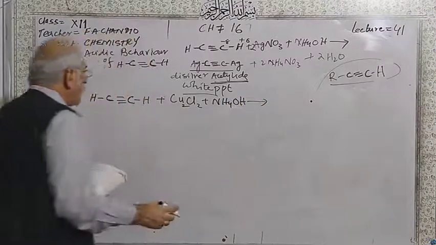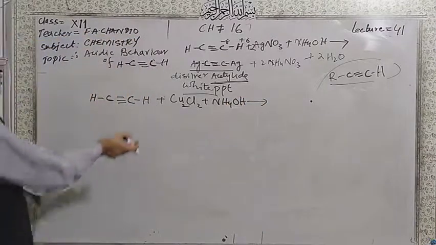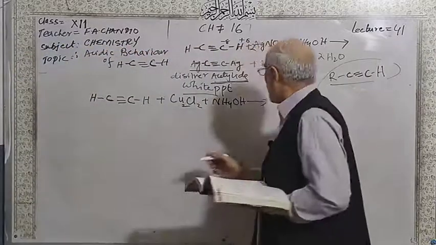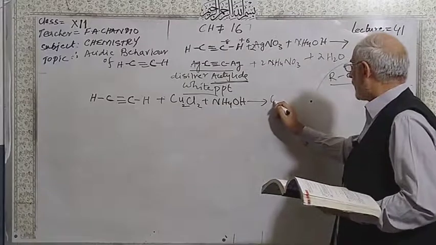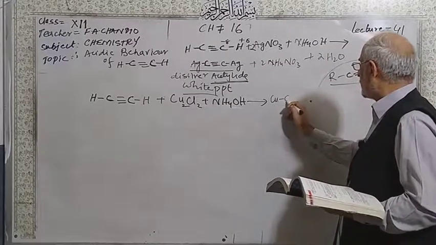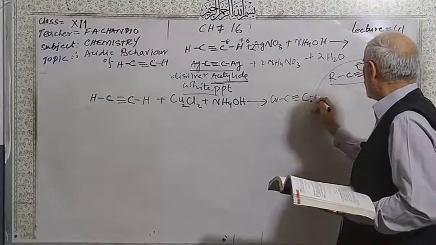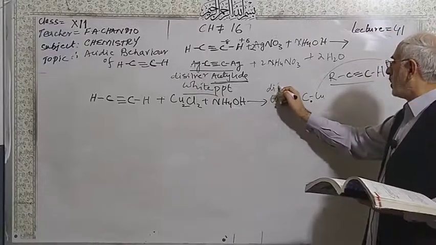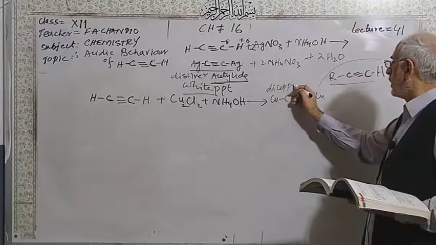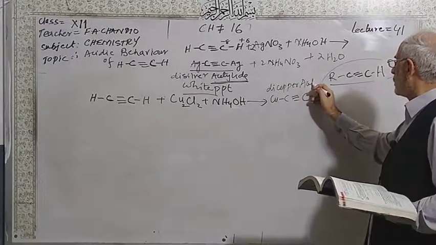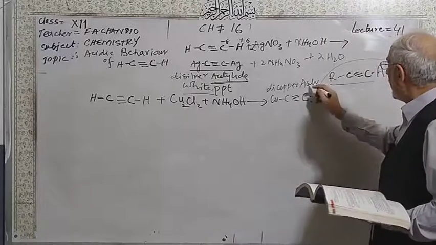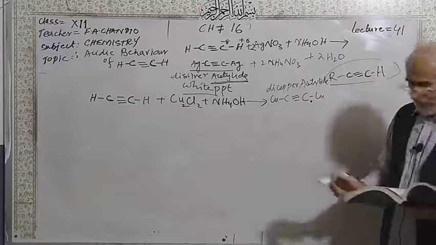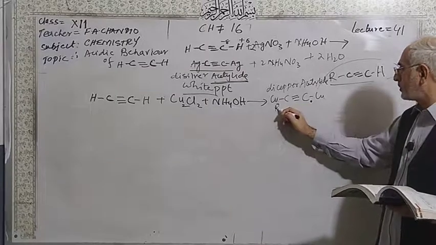So when you use ammoniacal solution of cuprous chloride with acetylene or propyne, then you will get dicopper acetylide. Copper acetylide. So this will give a reddish brown precipitate.